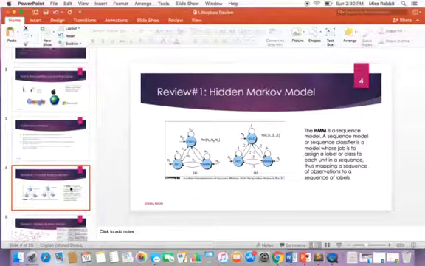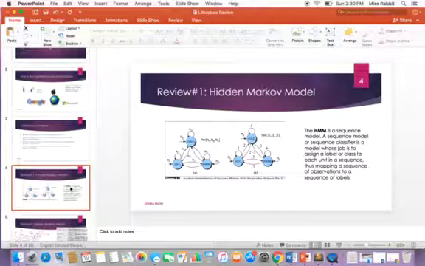The hidden Markov model is a finite state automaton that uses probability as its weight, and it has a dual state: the hidden state, and another state called the observation state.